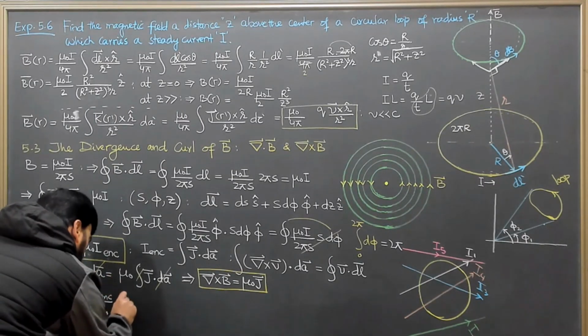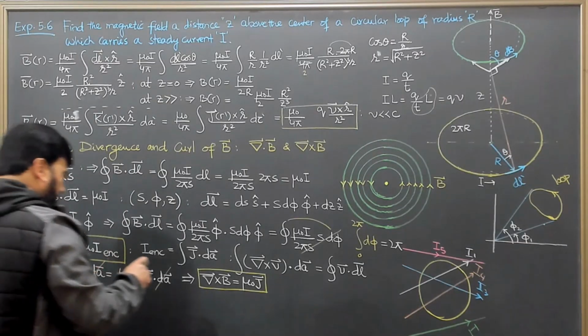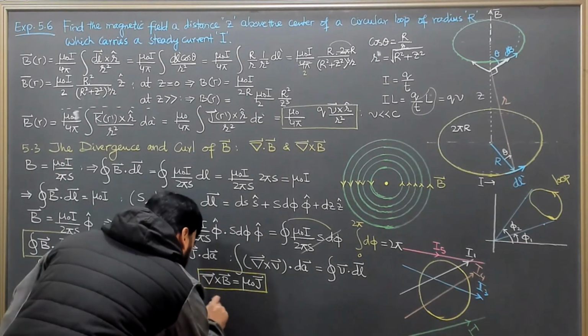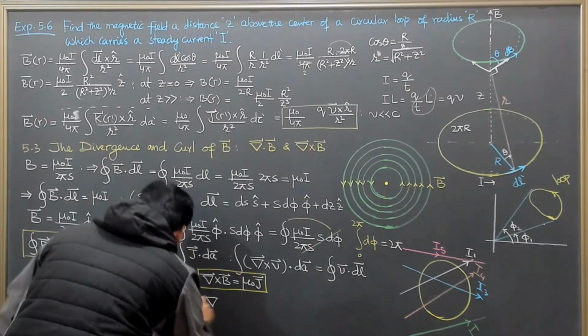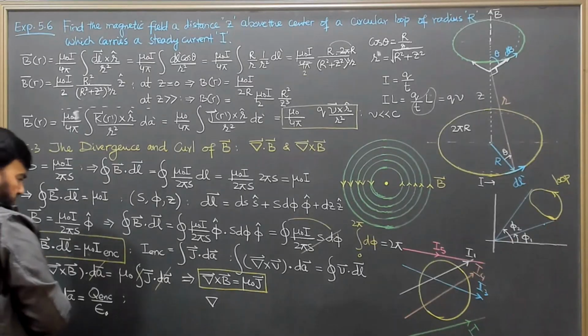And then we converted this to the differential form; here it is dl, here it is dA.